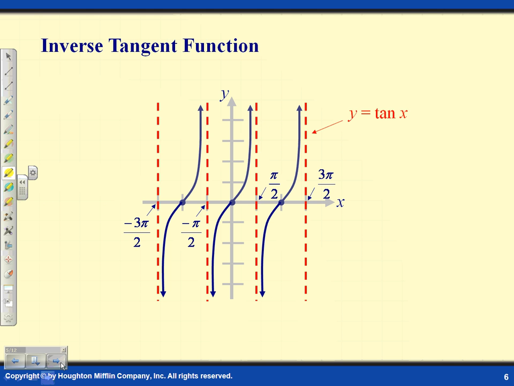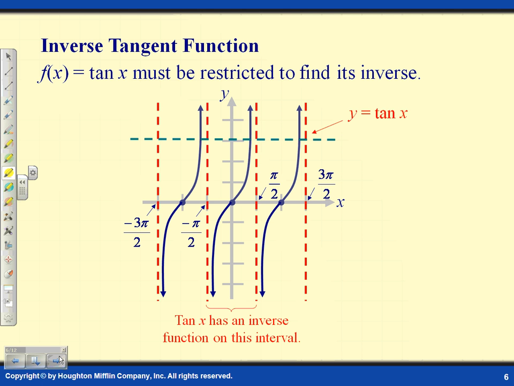Next trig function brings us to tangent. Well, if I draw a horizontal line across this, is this going to be a one-to-one function? I'm on page 6. And it will not be, okay? So what it does is it says, okay, well, it's not a one-to-one function.